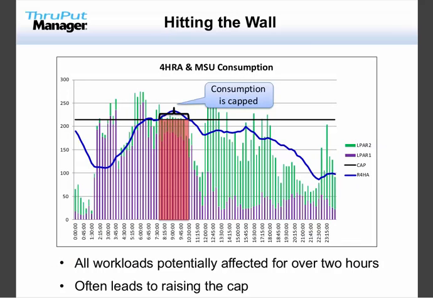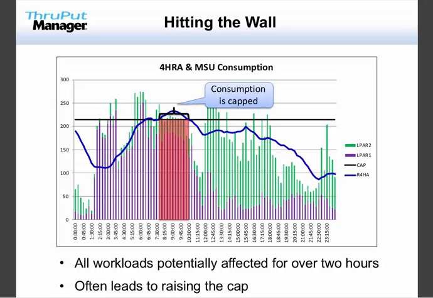Now, sometimes the effect of the 4-hour rolling average exceeding a soft cap is referred to as hitting the wall. And it's kind of like the effect you see here. What I've got is a machine with 2 LPARs, and you can see with the purple and the green lines there, the consumption in MSUs from those 2 LPARs on the same machine. And then the dark blue line represents the combined 4-hour rolling average on the machine.